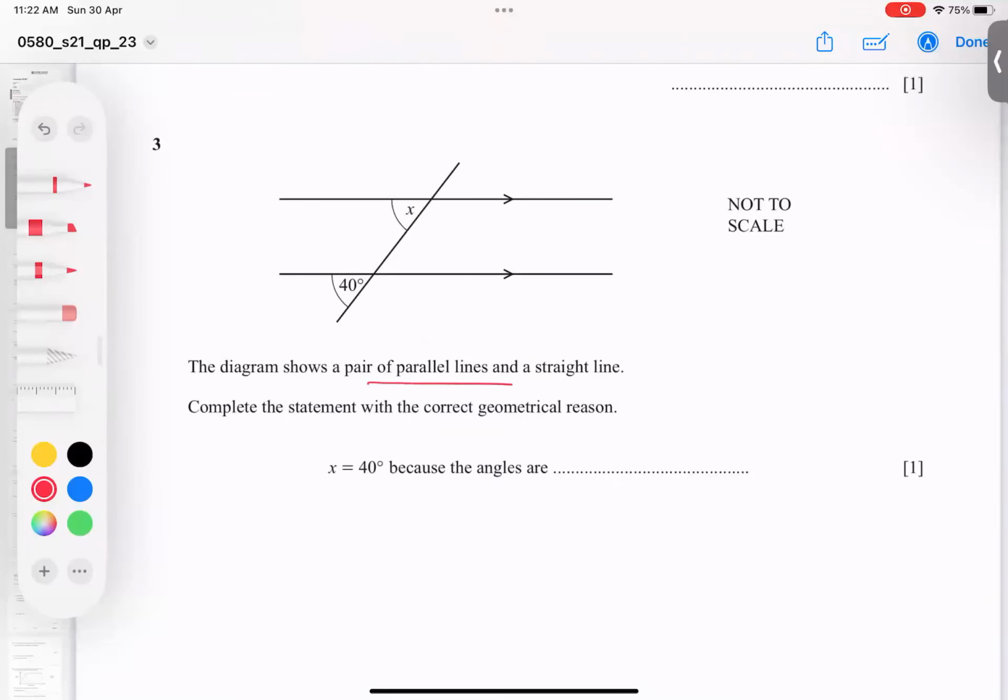The pair of parallel lines is shown with a straight line. Complete the statement with a correct geometrical reason. So here I want to address some other properties so you can understand when two lines are parallel to each other and a line cuts them. So this and this angle, this A and this B, they're equal. Reason is called vertical angles. So sorry, alternate angles.